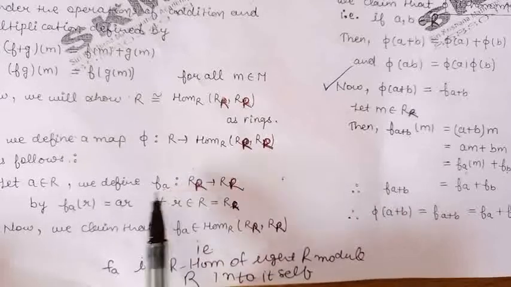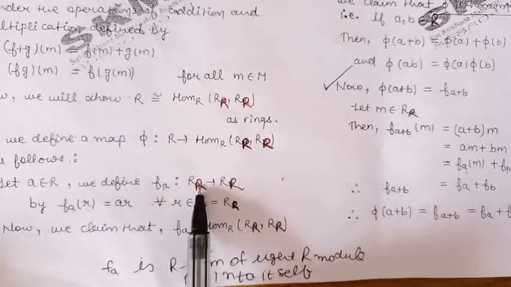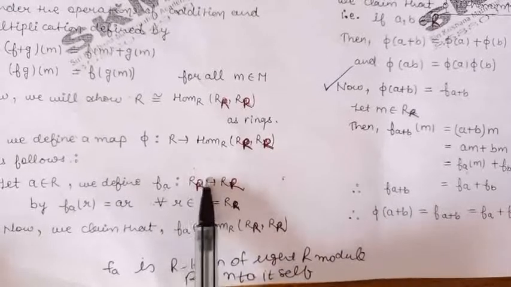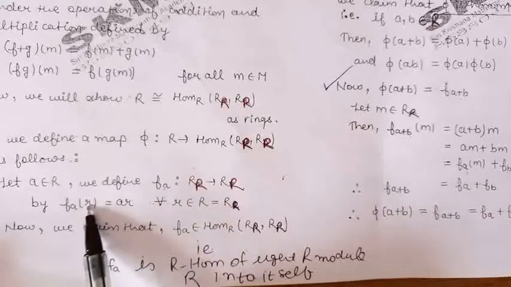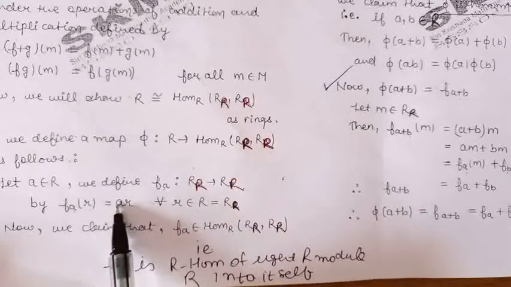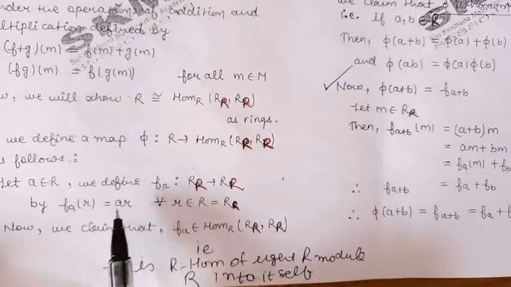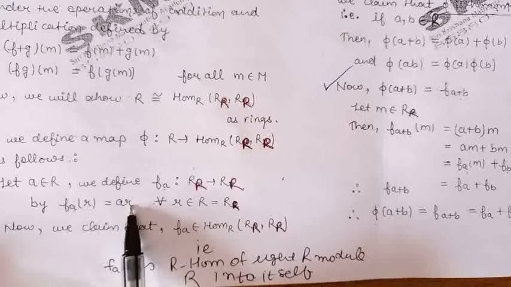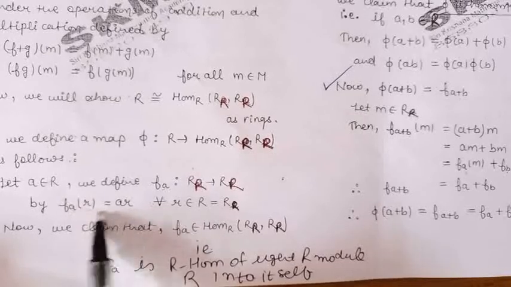We define the mapping f_a from the ring R into itself by taking an element r from here, and its image under this mapping we define by ar, because a is an element of the ring R and also r is an element of the ring R. So a into r is also an element of the ring R. So we can define the mapping f_a in this way.